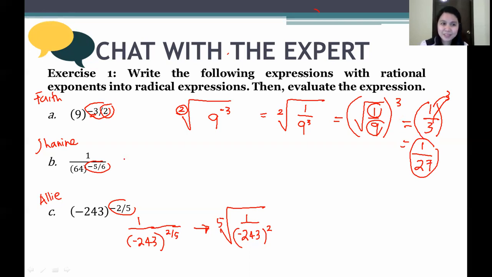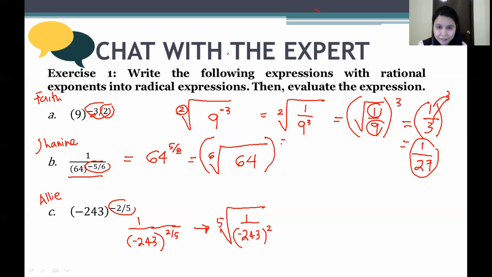No, ma'am. Okay, got it. Next one. Okay, let's make this positive. 64 to the negative 5 over 6 power. Let's start. The denominator is the index. And 64, then to the 5th power. I suggest you do this one later, the 5th.